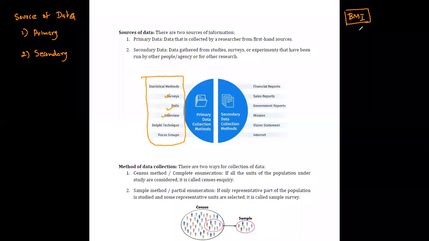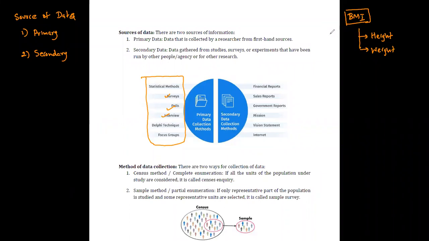Suppose that for the first time you are collecting data, and you need an idea regarding the BMI. Then what you can do is go to the field and measure the height and weight of the student group you have selected.